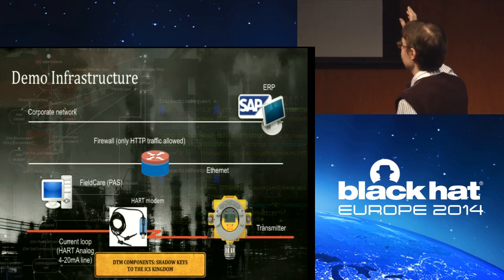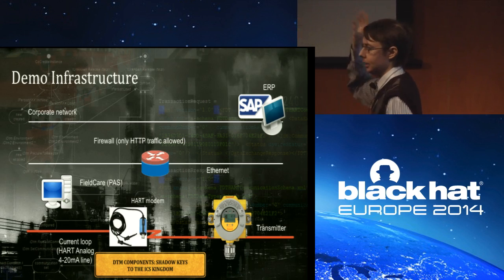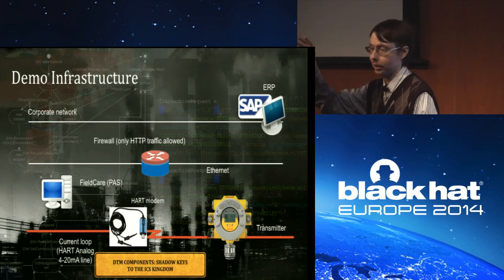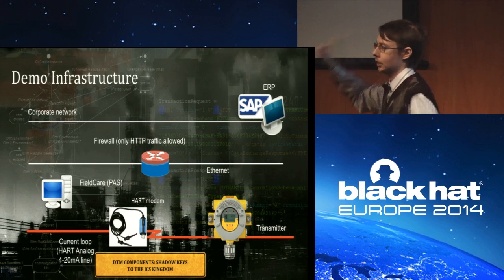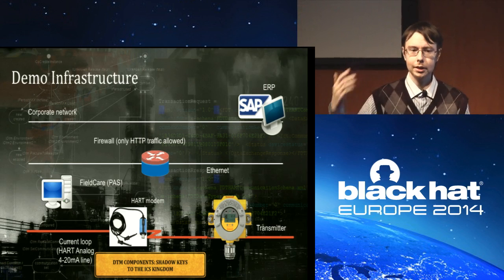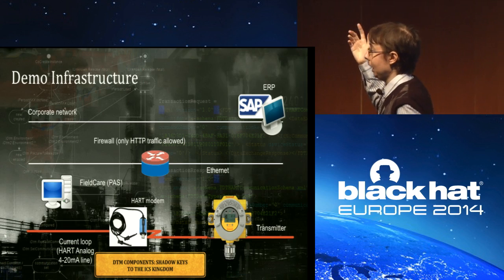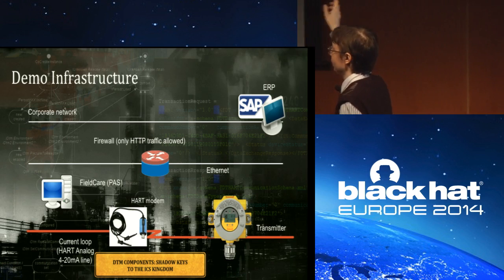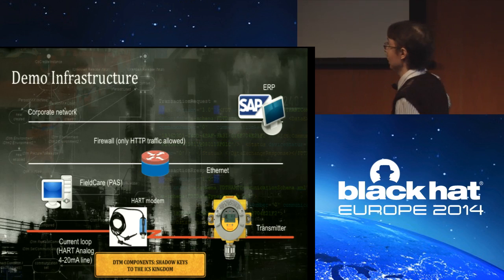Okay, here is a quick overview of the demo infrastructure. We have FieldCare, a plant asset management system, an FDT container. We have a SAP system. FieldCare is connected to the SAP system and periodically sends some data about the ICS to the ERP. It's divided by a firewall that allows only HTTP traffic.